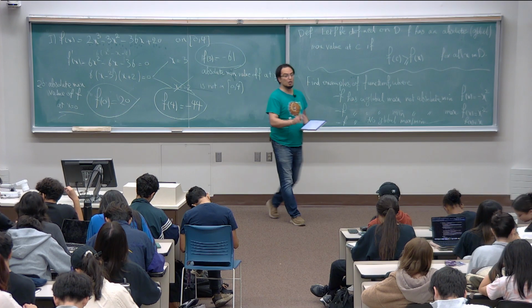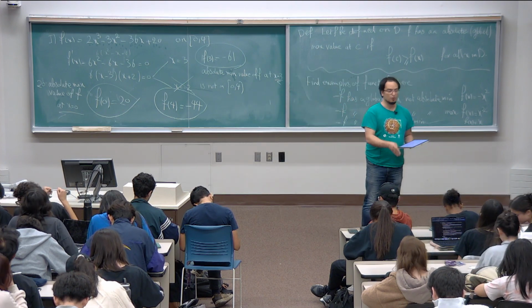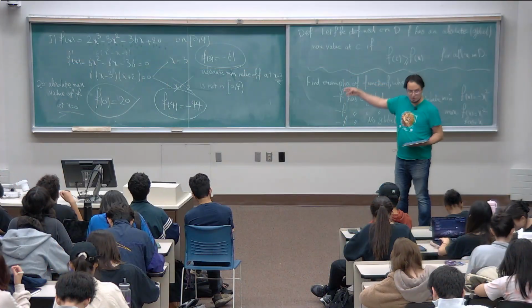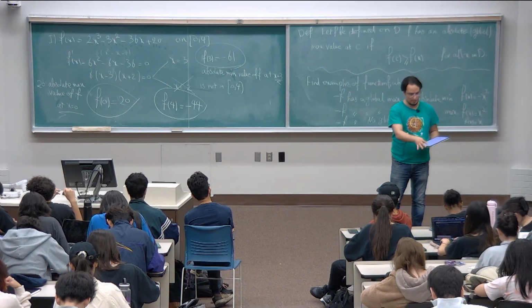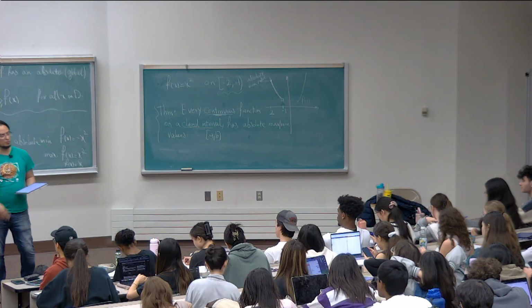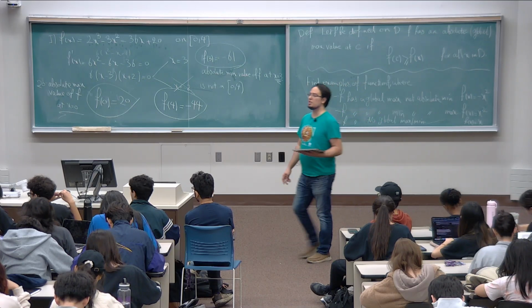So it's not going to be a local max or local min. But this method is not dealing with local things. This is only for absolute. Local, we will need to do a different story. Okay? Other questions? Any other comments?